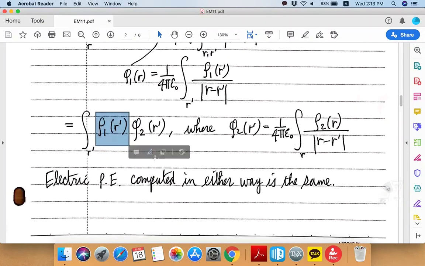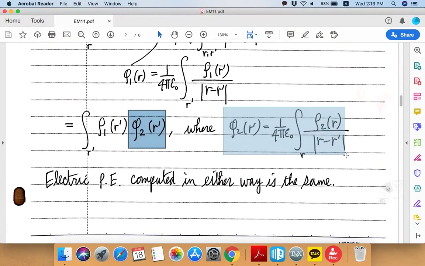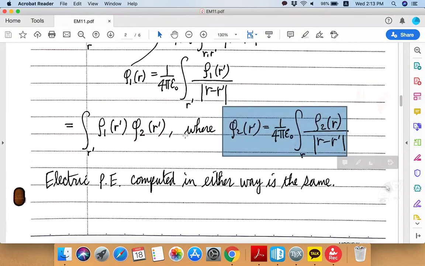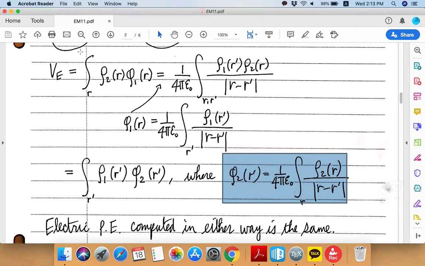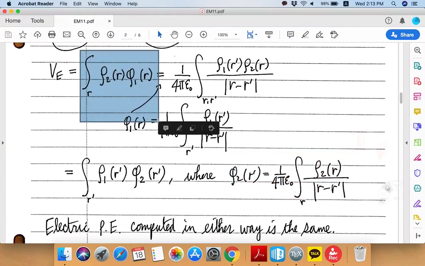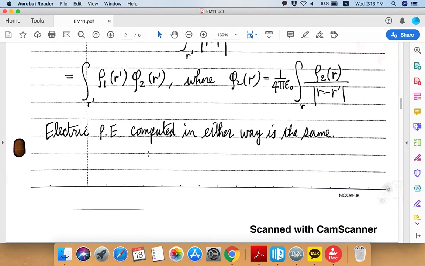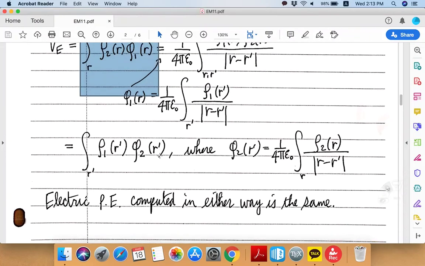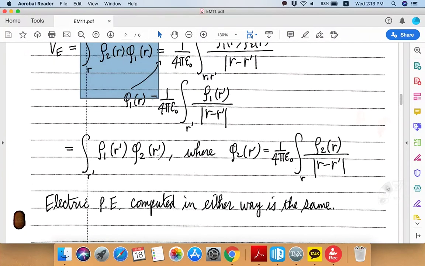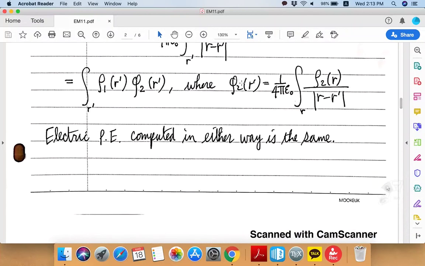And then express everything else as a potential phi 2, where phi 2 is now given by this integral here. So we have these two equivalent ways of expressing the same energy, which is an integral of rho 2 and phi 1, or an integral of rho 1 multiplied by phi 2. So electrostatic potential energy computed in either one of these ways is obviously the same, as we have just proven.